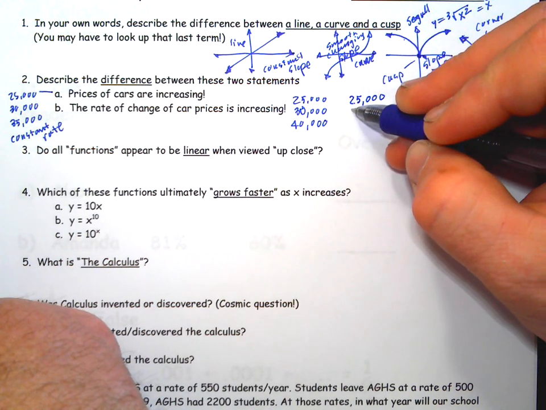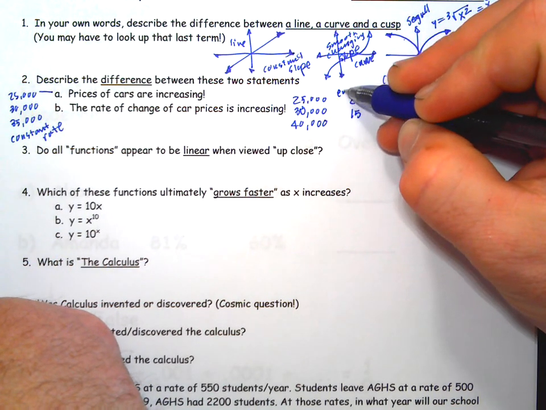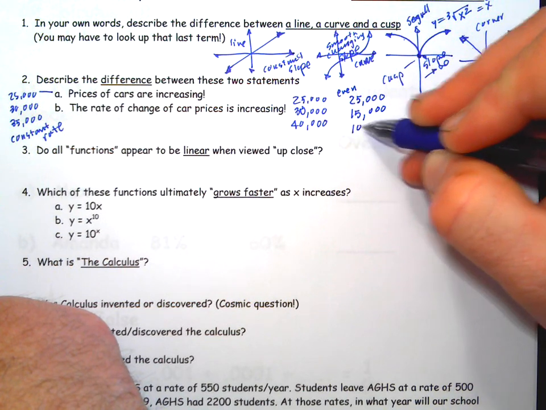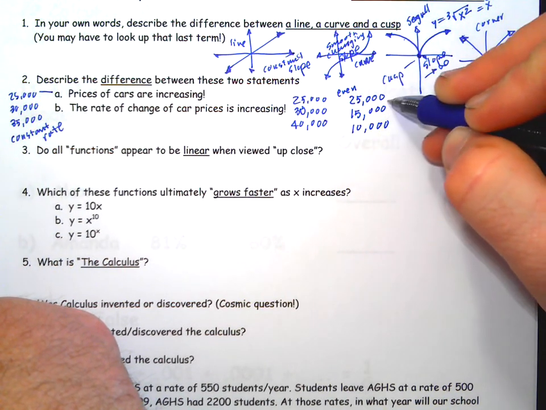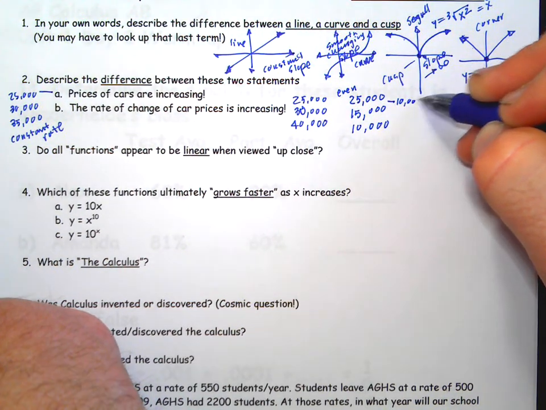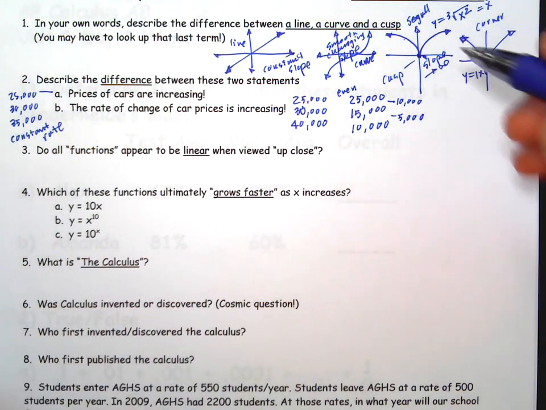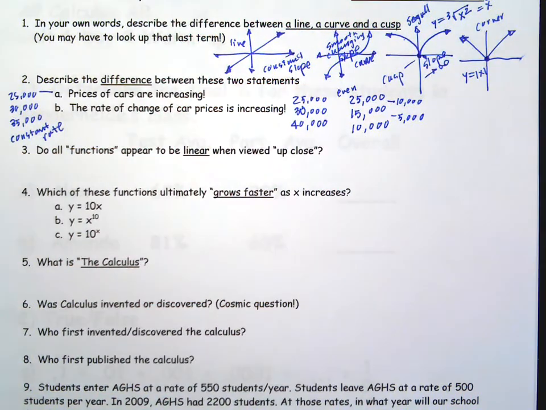So maybe they dropped 10,000 and then it only dropped 5,000. Well, that means that it's changing by a positive amount. Eventually it would keep going into positive territory.